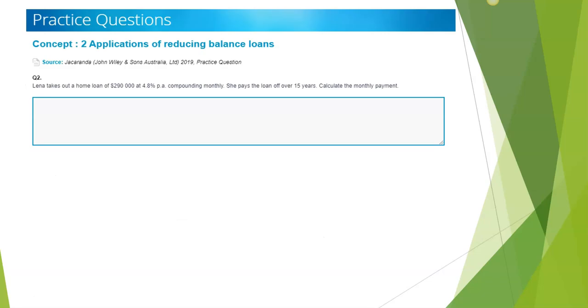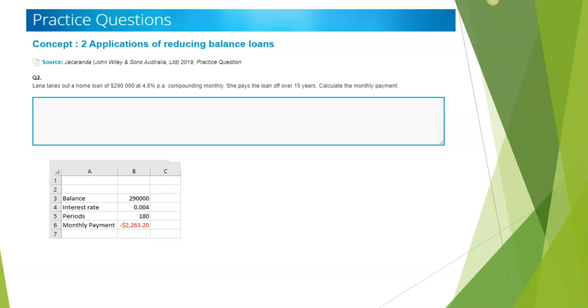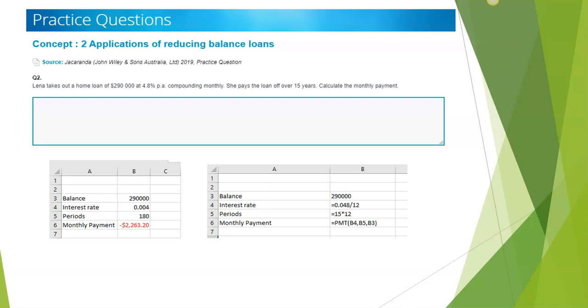Question 2. Lena takes out a home loan, $290,000 at 4.8% per annum compounding monthly. She's going to pay it off over 15 years. Calculate the monthly payment. So this requires us to use Excel to work out the PMT function. Here we have snips of the spreadsheet, and over here I've got the formula.